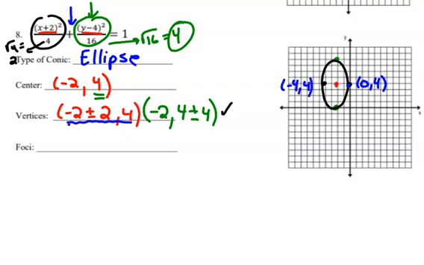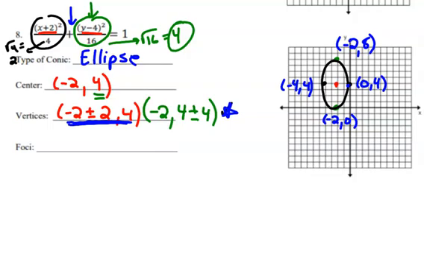Negative 2 minus 2 is negative 4, 4. This one is left 2, 0. This one is left 2, up 8. So if I wanted to put those 4 points on this line instead, I could do that as well.